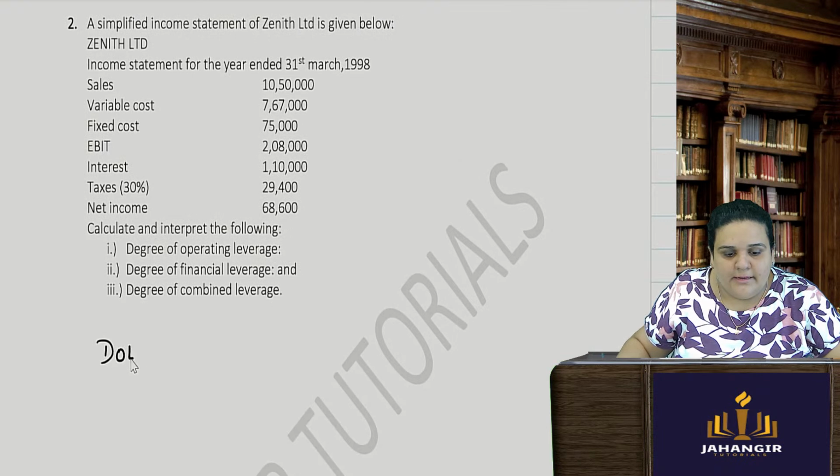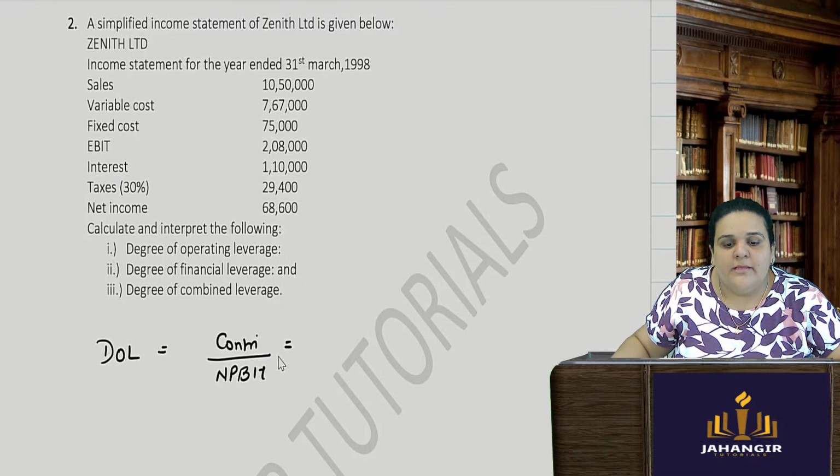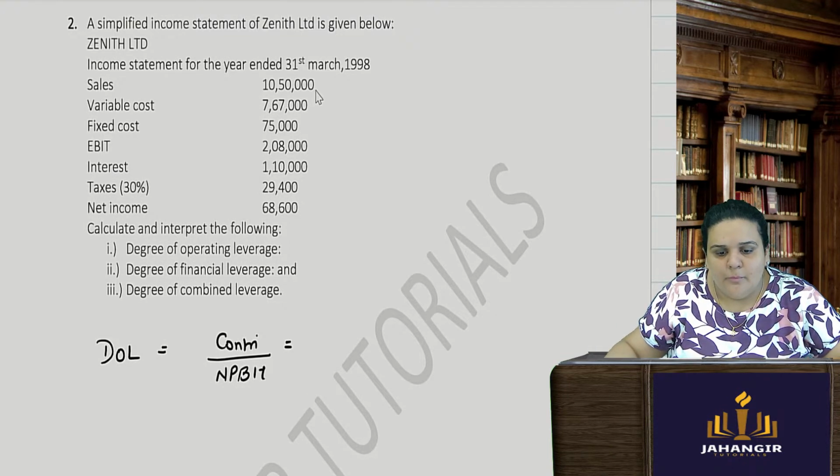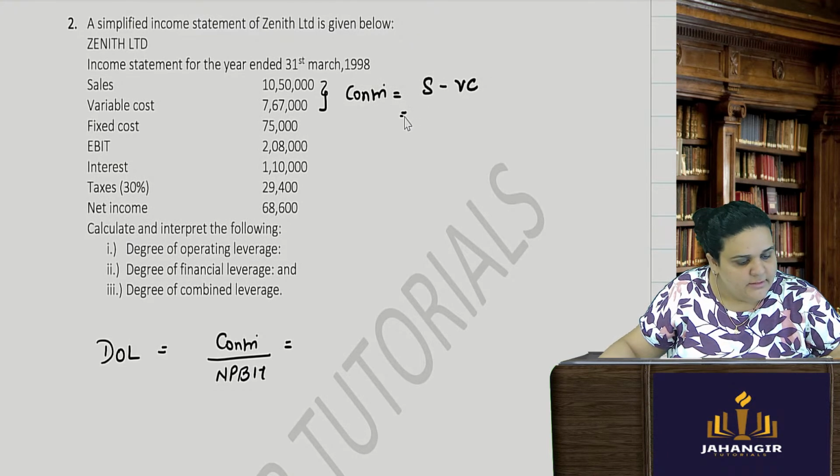Degree of operating leverage is nothing but contribution upon NPBIT. We don't need to make the income statement once again. We all know contribution is nothing but sales minus variable cost. So simple, it is going to come 10,50,000 minus 7,76,000, which is going to be 2,83,000.